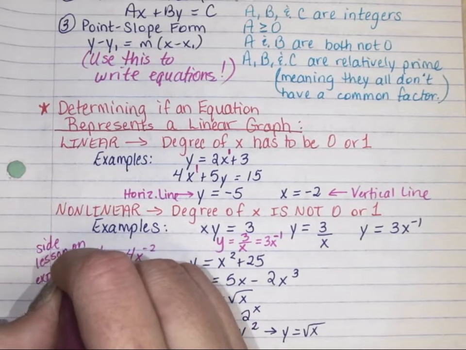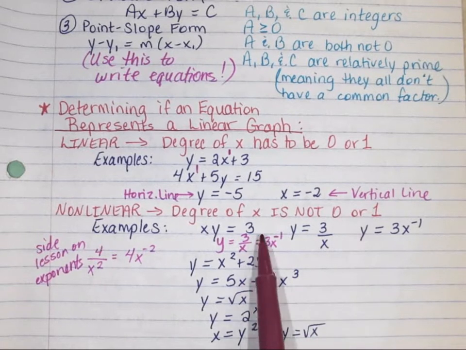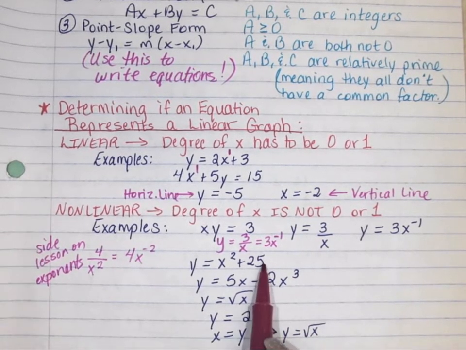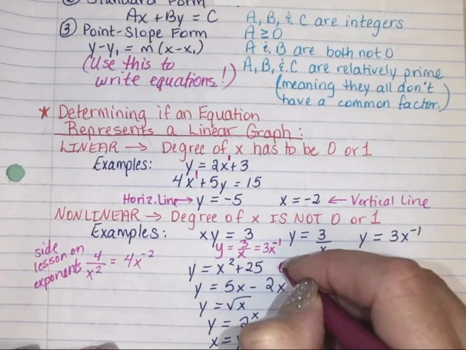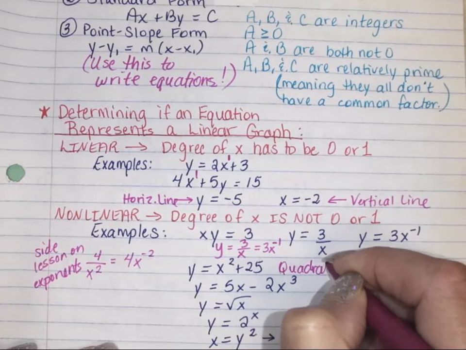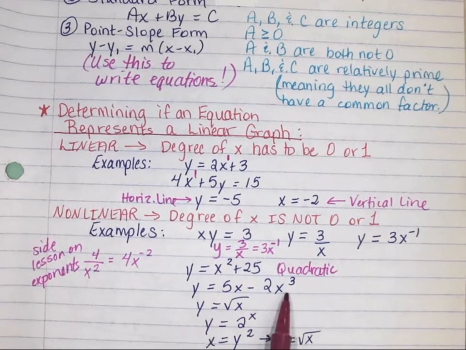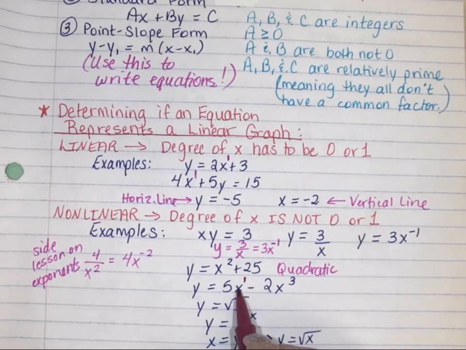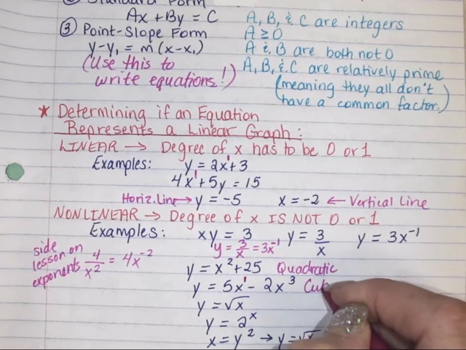Okay, the next examples that are nonlinear, which is what I was showing you here in those steps, is a quadratic. Notice when the exponent of x is 2, that's a quadratic, and its graph will be a parabola. Notice that I do have an x here, but its exponent is 1. This exponent is 3, meaning it is cubic.